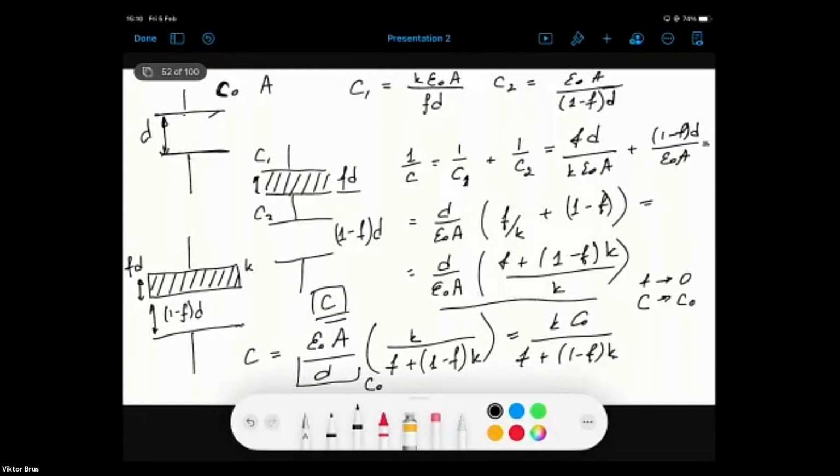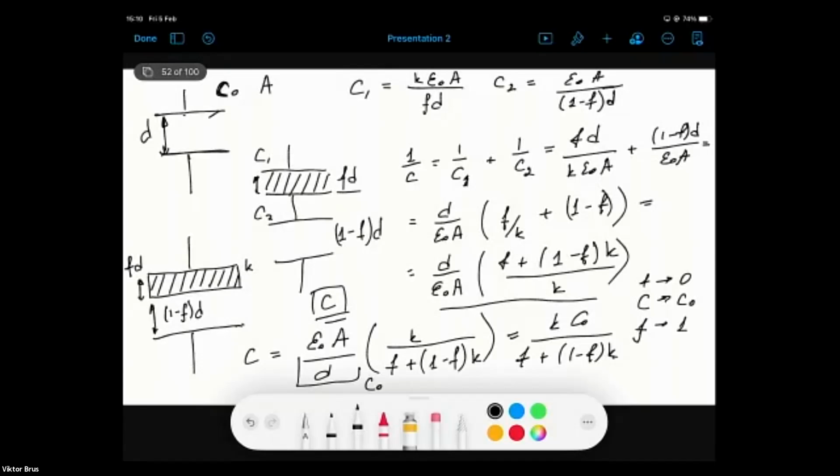And also another case is when this coefficient in front of the thickness approaches unity. It means we fill our capacitor completely with the dielectric.